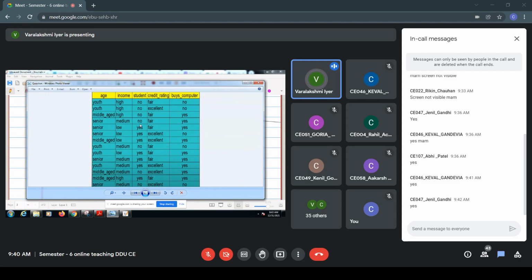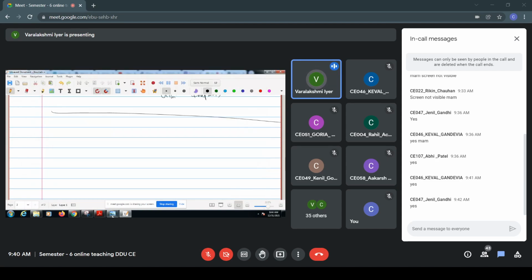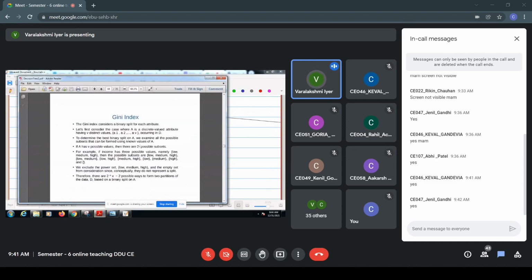In this case, age is one of the attributes that we have. I want you to find out the Gini impurity for each subset. There will be 6 possible subsets that will be created. So here we have created the 6 possible subsets.